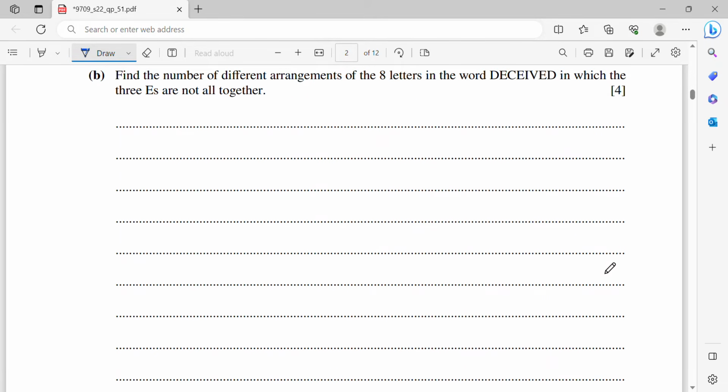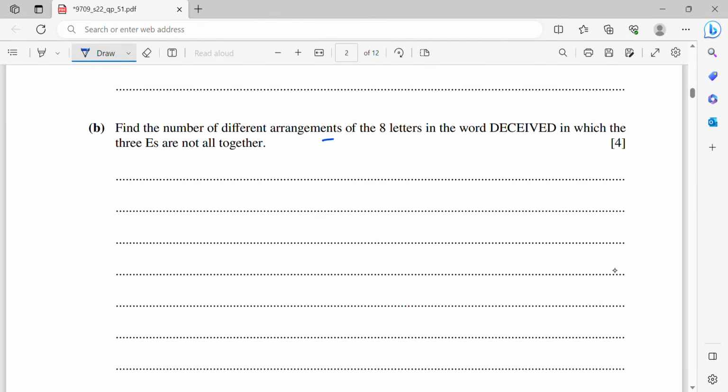Now B, find the number of different arrangements of the 8 letters in the word deceived, in which the 3 E's are not all together.